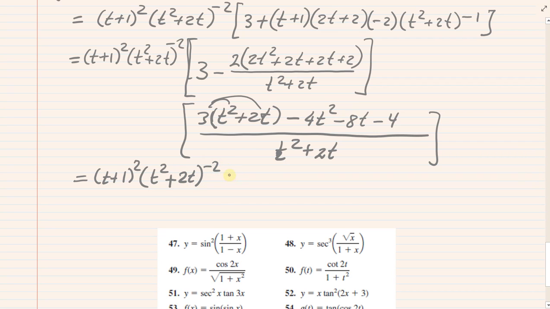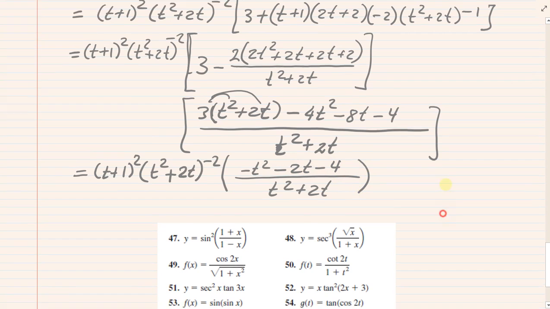Now inside the bracket, it's going to become t squared plus 2t, and distribute: 3t squared minus 4t squared is negative t squared. Distribute 3 times 2, 6t minus 8t is negative 2t, and then there's negative 4. So it looks better now.